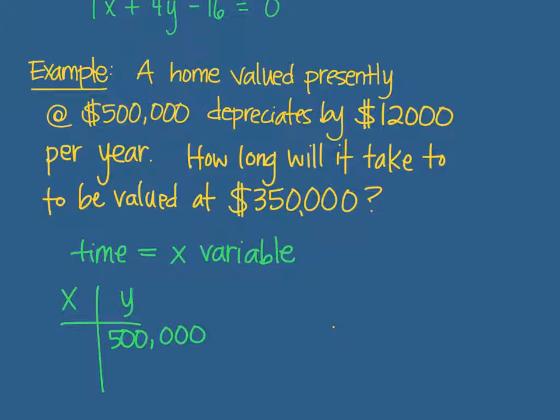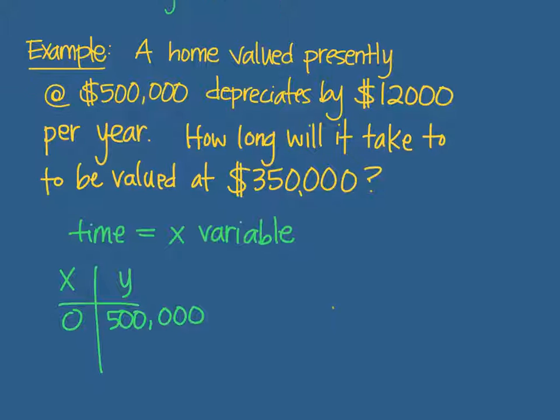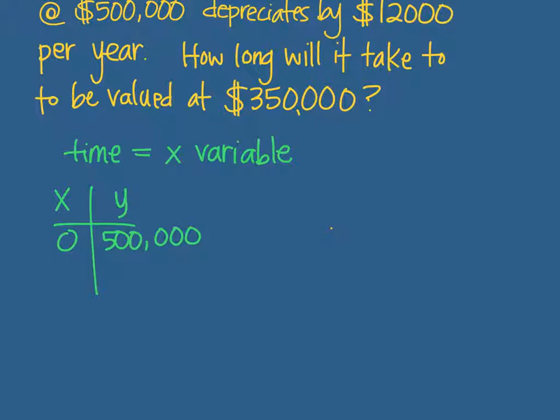And that is presently. So what's the value of the x for time presently or now? Well, how much time has gone by? If you're talking about now, it's 0, no time has gone by. It's pretty easy to figure out, in 1 year, how much will the house be worth? 488,000. That's a subtraction.